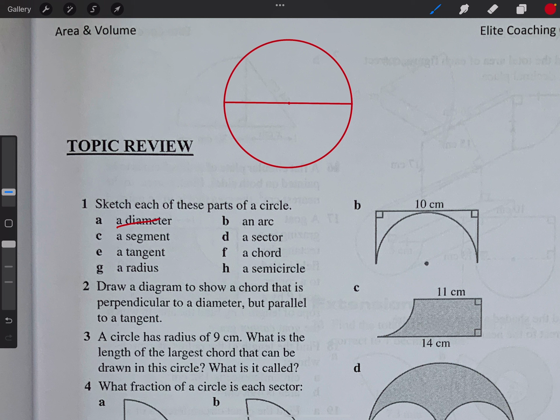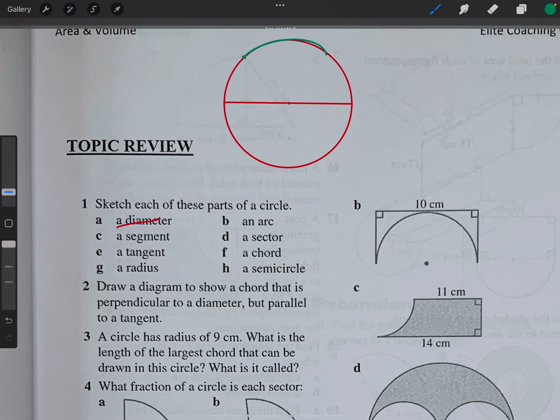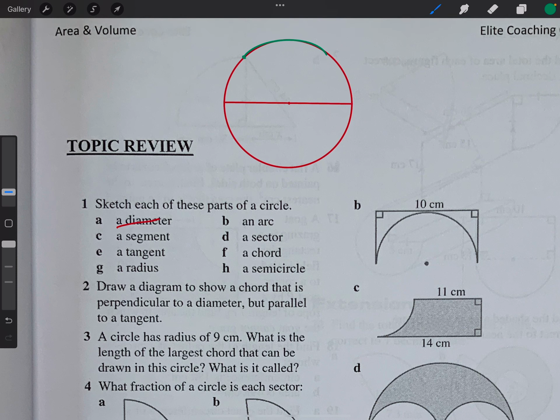B. An arc. An arc is just part of a circle. So imagine if I have from here and here. So that's an arc. Next one, a segment.